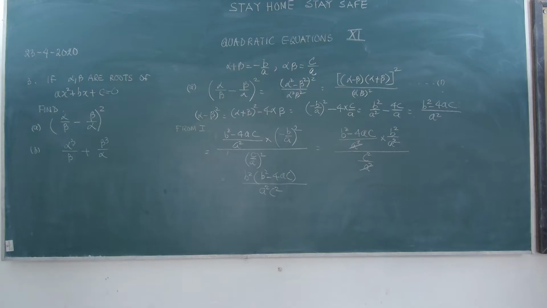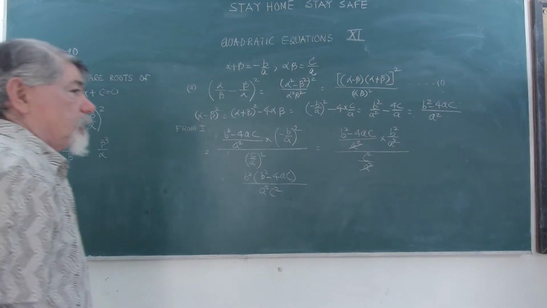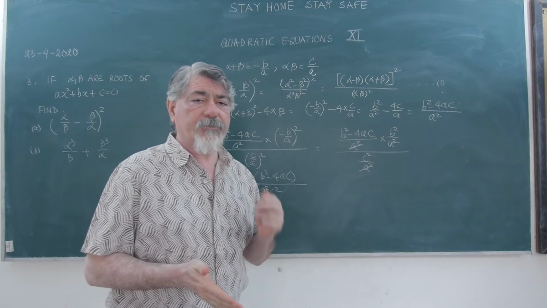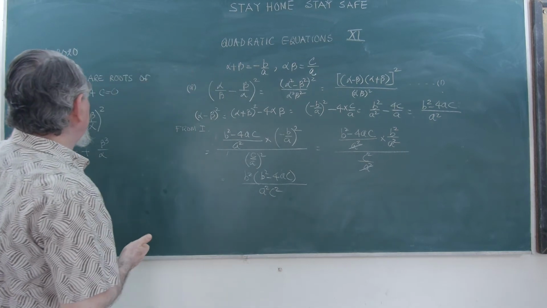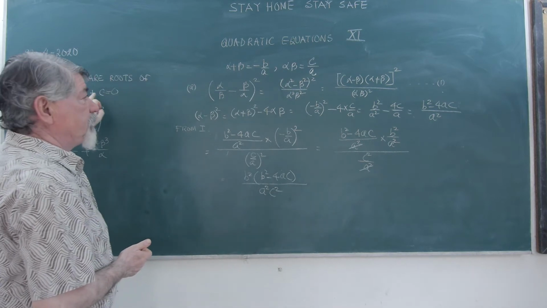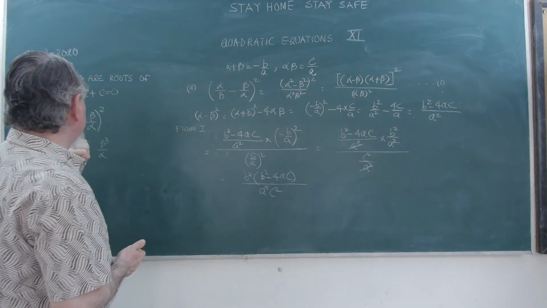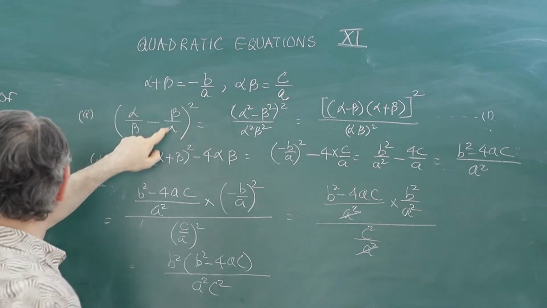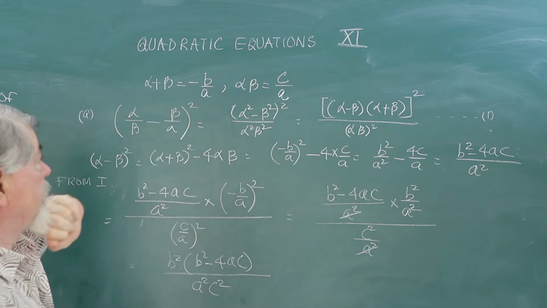Thank you. Okay, let's look into the next question. It's about the roots of the quadratic equation. It is the same kind of question. It says if alpha beta are roots of ax square plus bx plus c is equal to 0, find the value of alpha upon beta minus beta upon alpha squared.